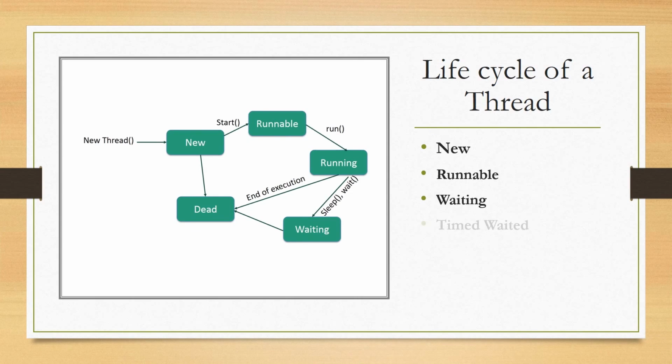And then we have timed waiting. A runnable thread can enter the timed waiting state for a specific interval of time. A thread in this state transitions back to the runnable state when that time interval expires. Then we have terminated. A runnable thread enters the terminated state when it completes its task or otherwise terminates.